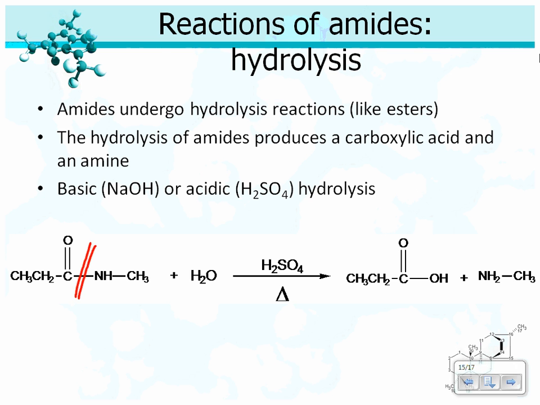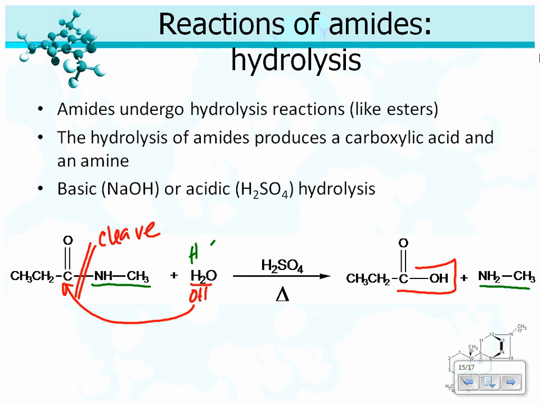You have to know that that's the bond that gets broken. You're going to take an OH off of your water here, and add it to make your carboxylic acid. That's how I got this part here. The rest of it, NH and CH3, that's here, but my other hydrogen from my water is what's going to make that NH2 so that my bonds are all stable.